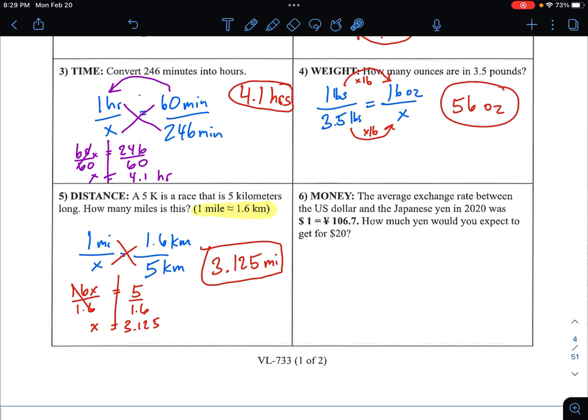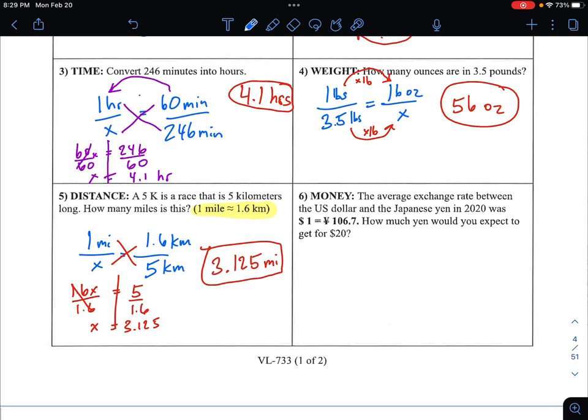This one has to do with money. The average exchange rate between the US dollar and the Japanese yen in 2020 was $1 equals 106.7 yen. How much yen would you expect to get for $20? Ooh, this is weird. I don't know much about yen or dollars, but you don't really have to, thankfully. All you have to do is set up your proportion.